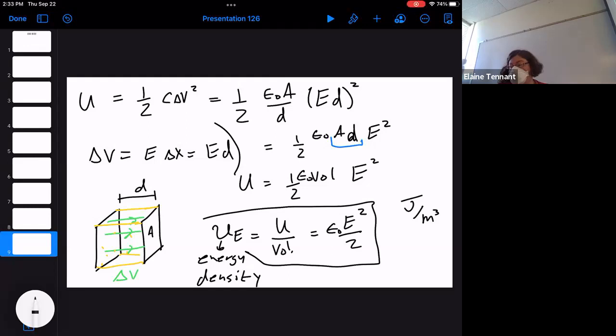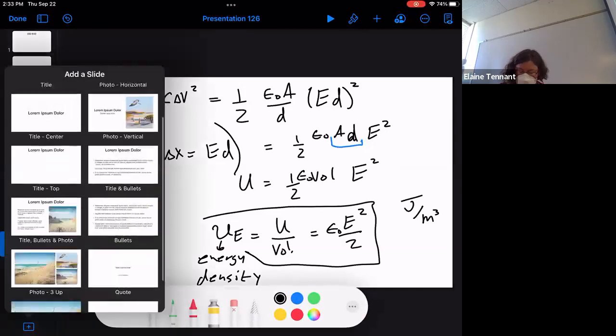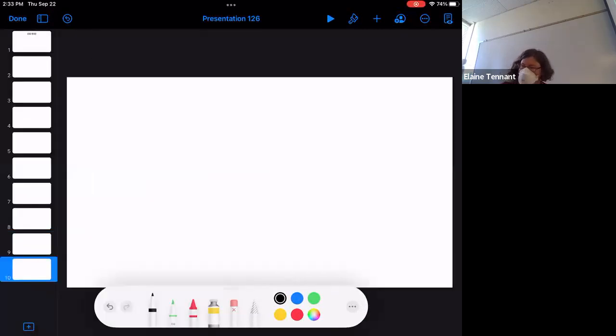Well then, that's a good problem. I'm going to ask you this question. I don't think it's on your homework, but it's a really good question. Let's say I have a battery, and I'm going to hook it up to 3 capacitors. And I can either hook them up in series or in parallel. So same battery, and same capacitors.